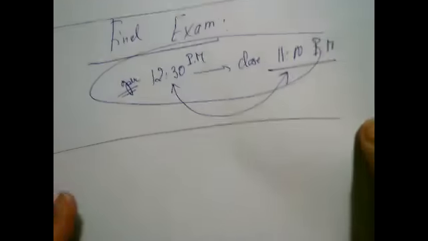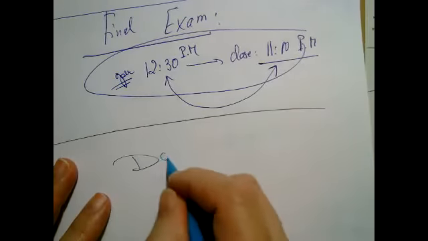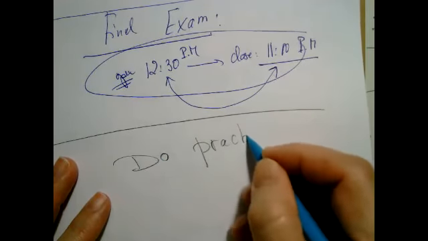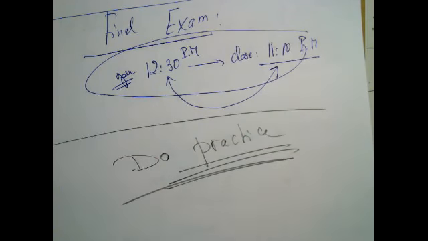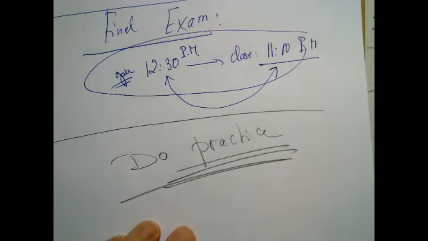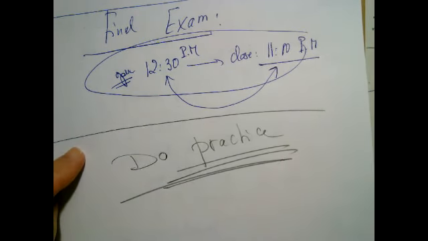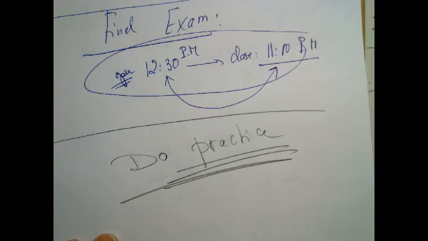So what did I say? Practice problems for Wednesday, just do them, and then we can discuss them. I will address any other questions you have, and some of the mistakes that I see in your exam and your homework. Any questions?